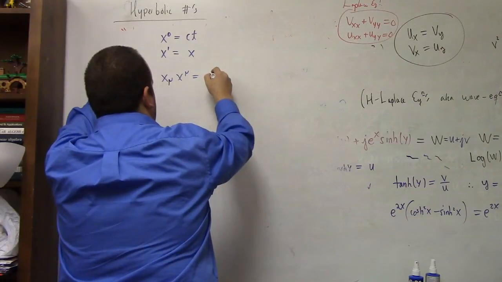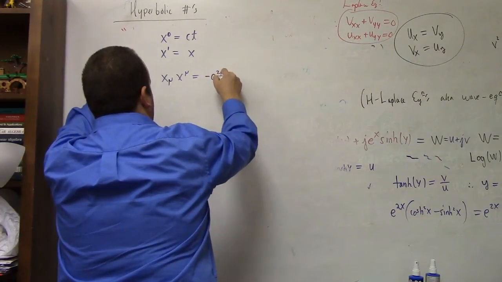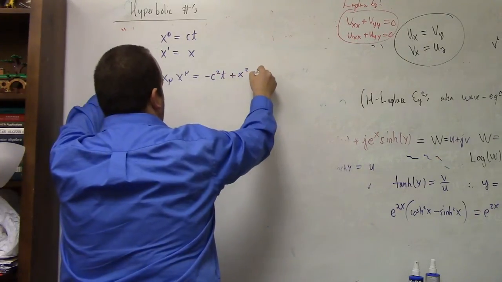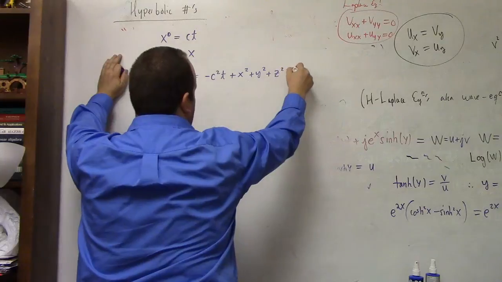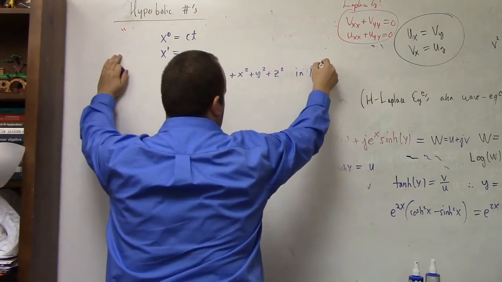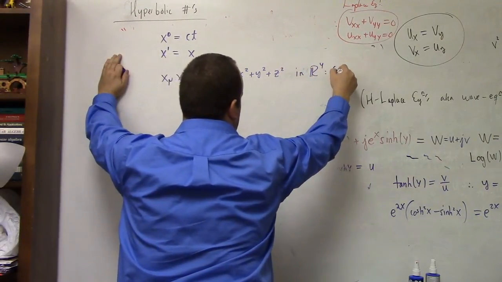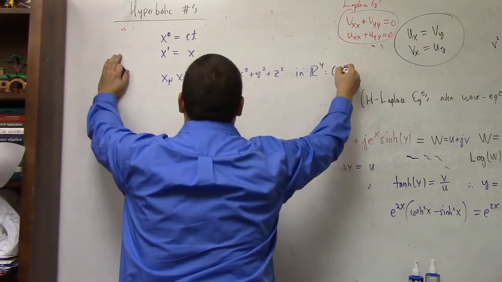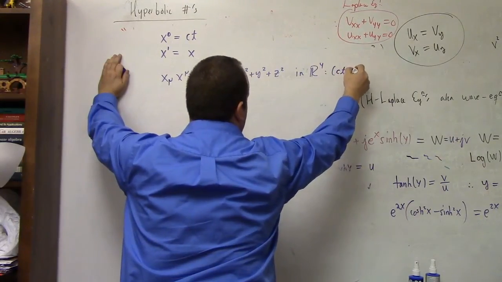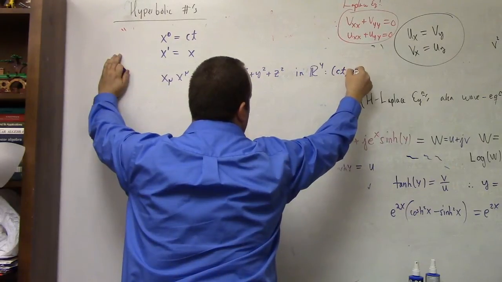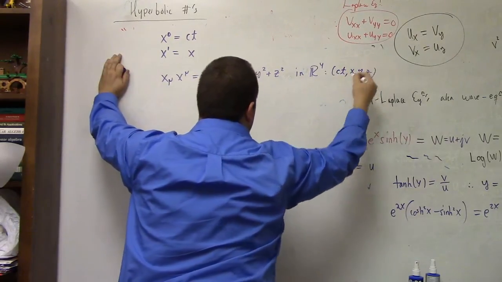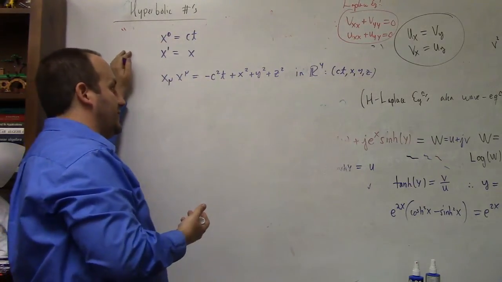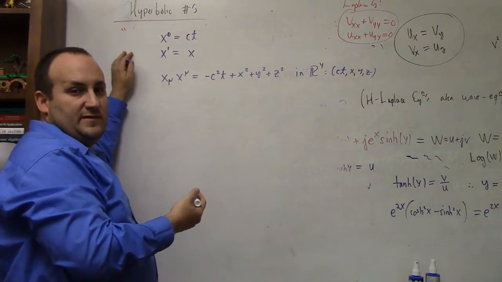Let's say it's minus c squared t squared plus x squared plus y squared plus z squared in R4, with a typical point being ct, x, y, z. This is the invariant interval. If you change coordinate systems to another inertial frame of reference, this is invariant.